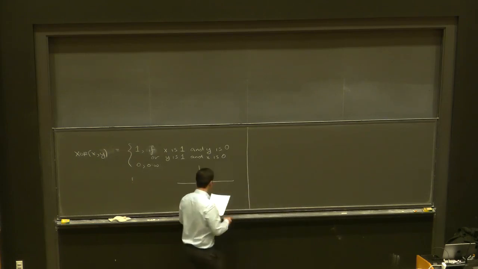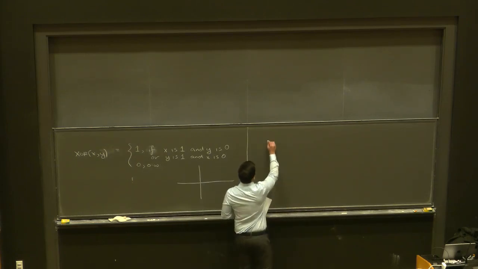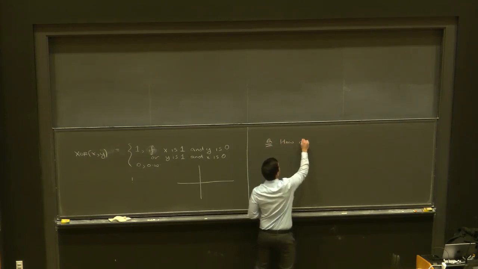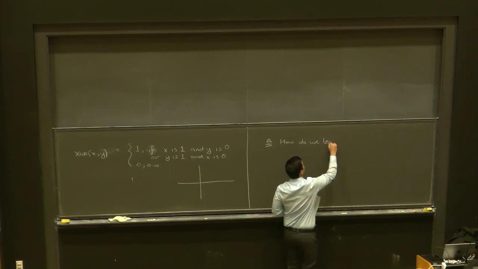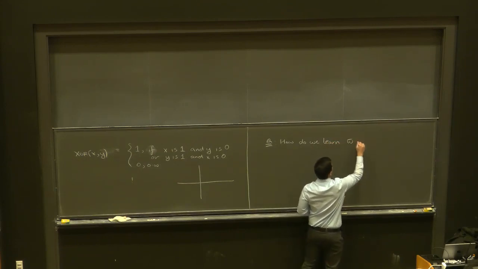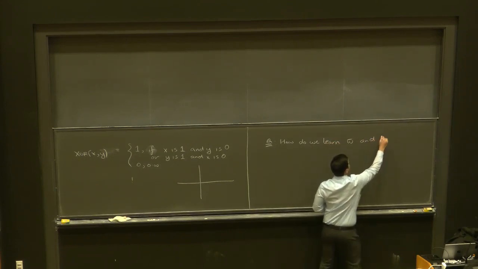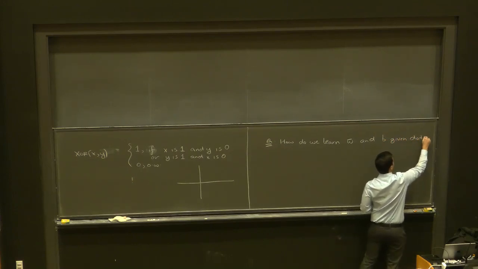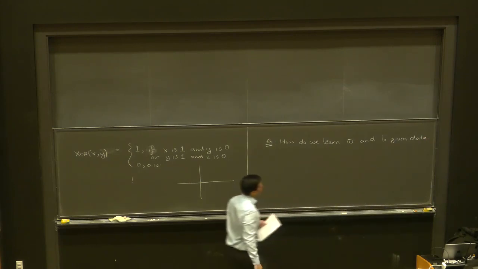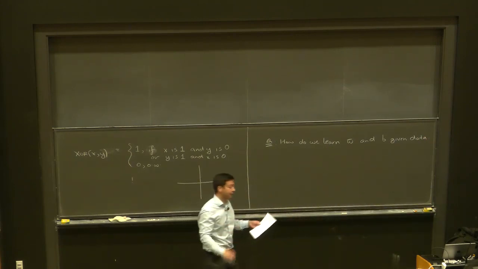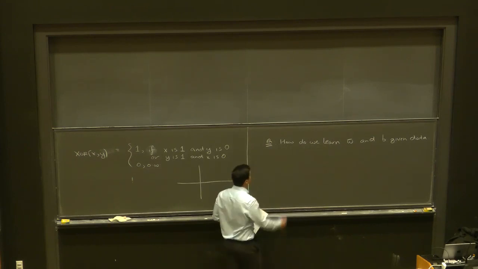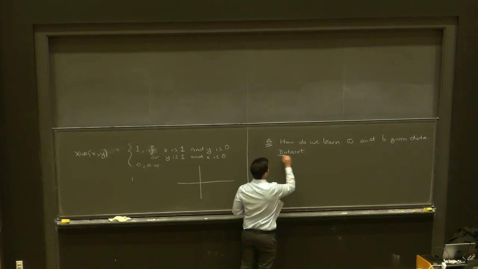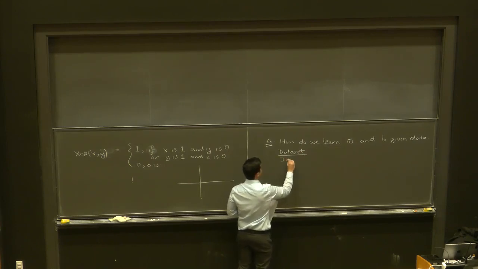All right, so let's think about how to learn W and B given data. And just to keep things concrete, let's think about this pedestrian classification example. So we have some data set that we're given corresponding to images.